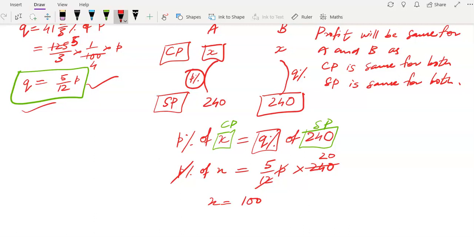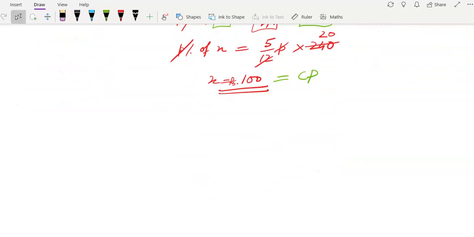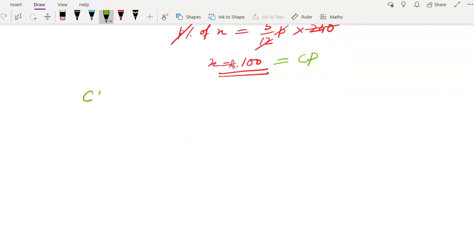So our X is rupees 100, and this is what? This is our CP. X is CP. So X is equal to rupees 100, and this is our cost price. Now in this question we have our CP equal to rupees 100.